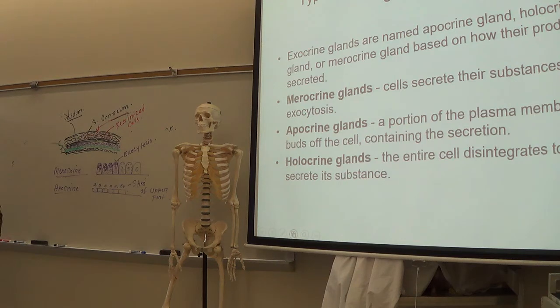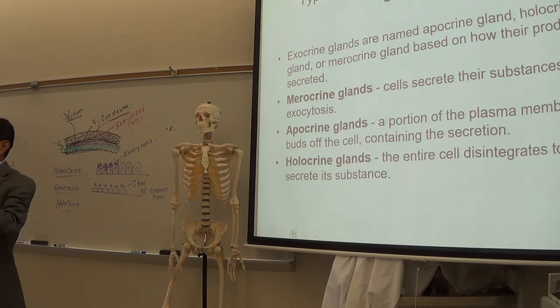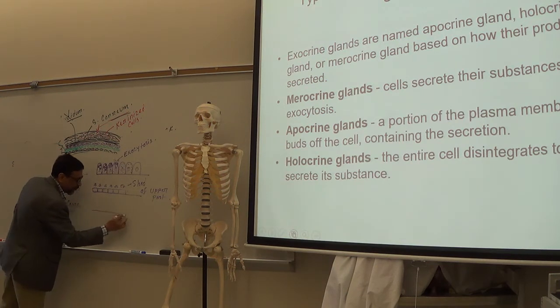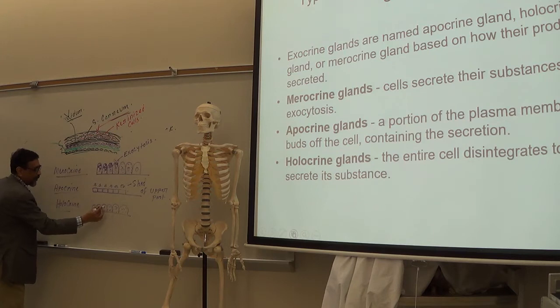Now, holocrine is another type of secretion from exocrine glands. In holocrine secretion, the cells are completely destroyed, death of the cell. These are the cells filled with the chemicals, and this is something interesting: at the bottom of these cells you have stem cells.